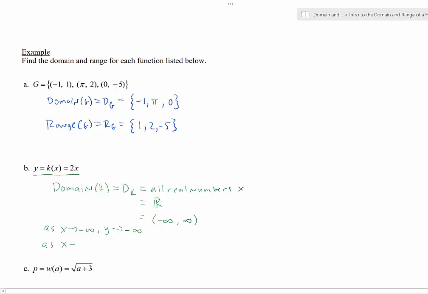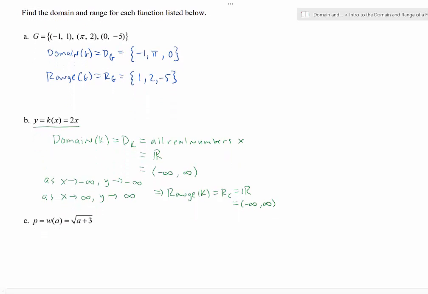So as x goes to infinity, the output y also goes to infinity. That tells us that the range of this function k, or R sub k, is also all real numbers, negative infinity to infinity, using interval notation.